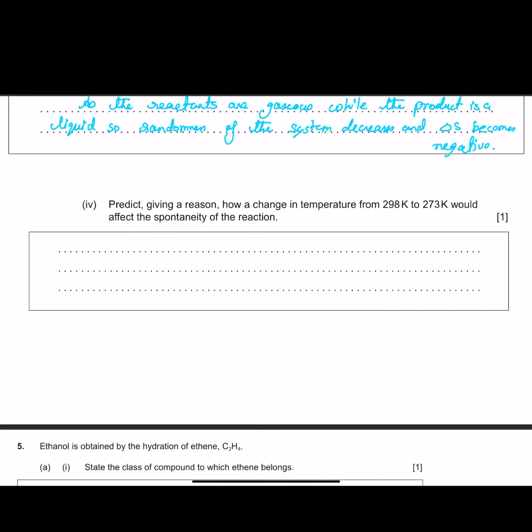You can also prove it by the formula. So let's write this now. As the reaction is exothermic, decreasing temperature will shift it to the forward direction and make it more spontaneous.